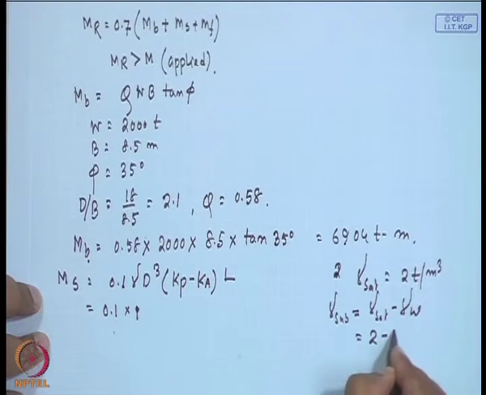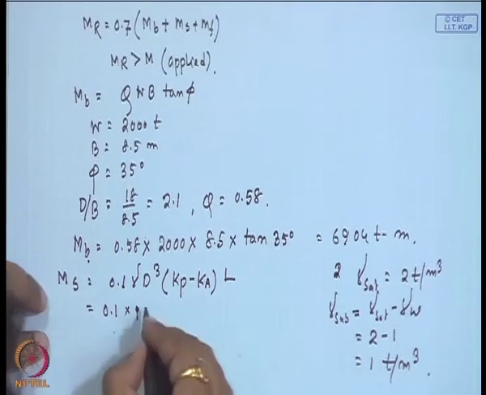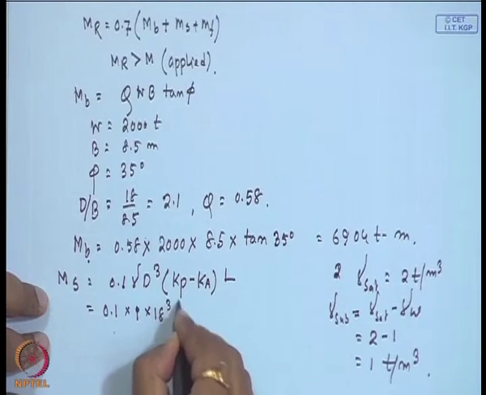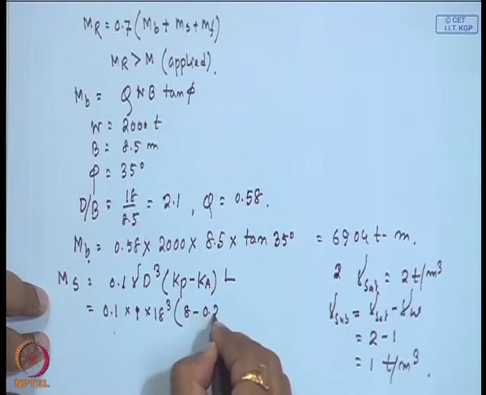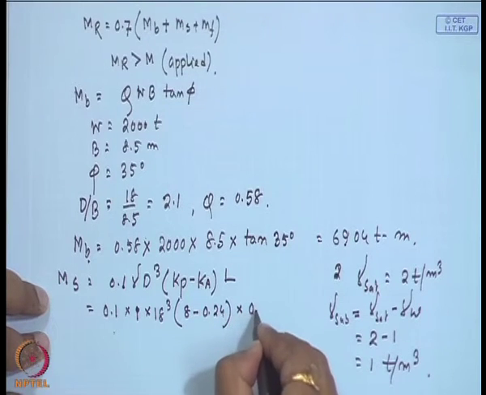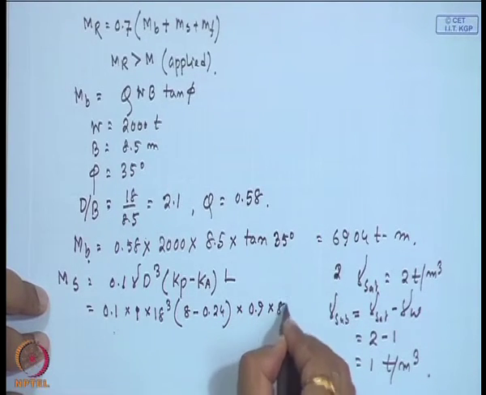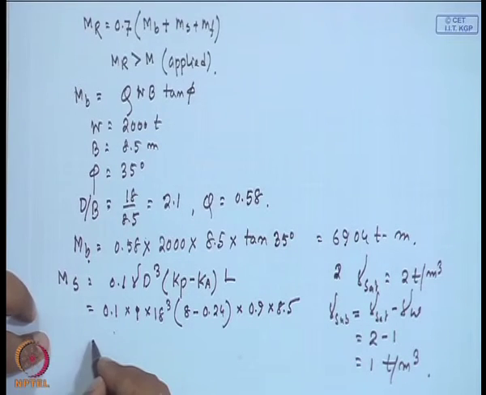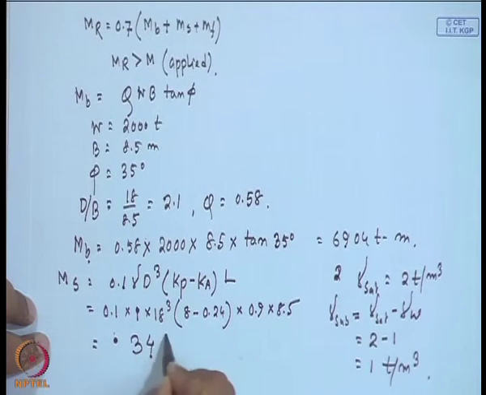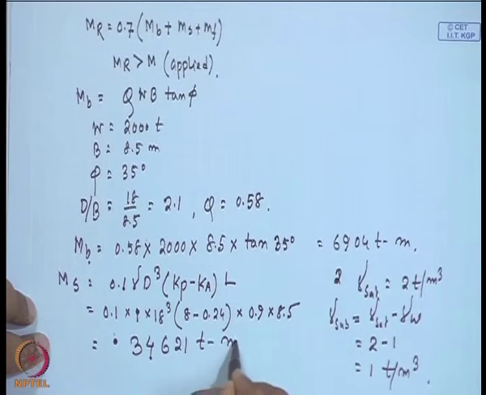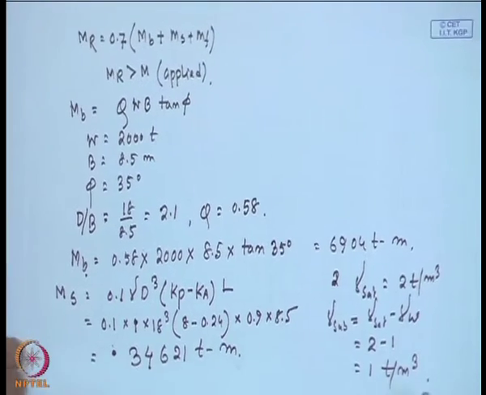Gamma sat is 2, gamma water is 1. So, this is 1 ton per meter cube. So, this is 1 into d cube is 18 cube, K p is 8, K a is 0.24, L is 0.9, the safe factor, into 8.5. So, we will get a total resistance due to the passive force or passive resistance. This is 34621 ton meter. So, this is the moment due to the passive resistance.